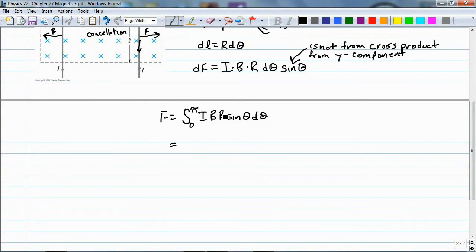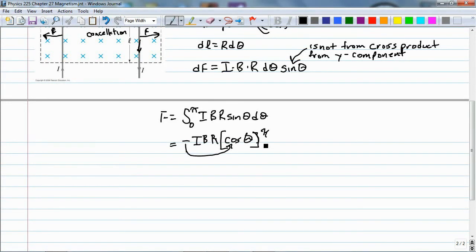Well, I, B, and R are just constants, and then I'd have the integral of sine theta d theta, so that's going to be negative I, B, R cosine theta, and I just put the negative sign outside. This goes with the cosine. That's where the negative comes from.